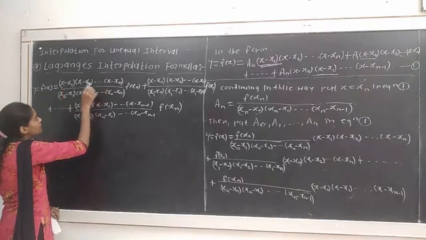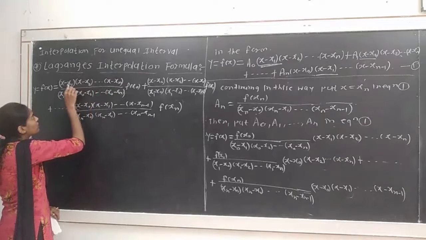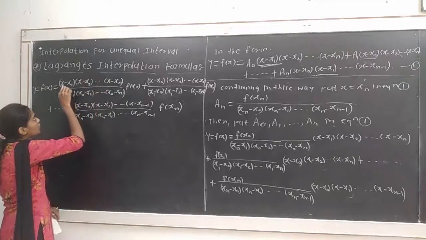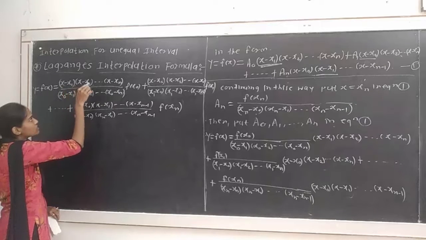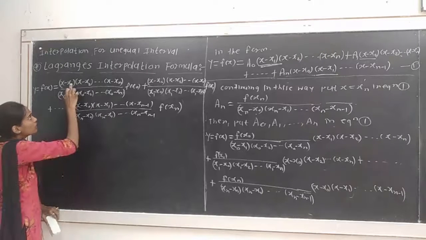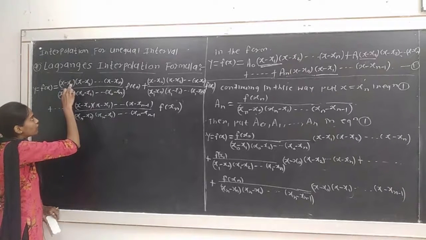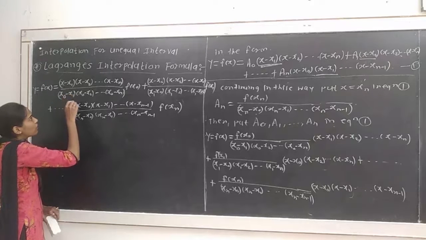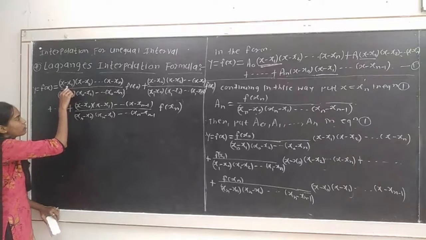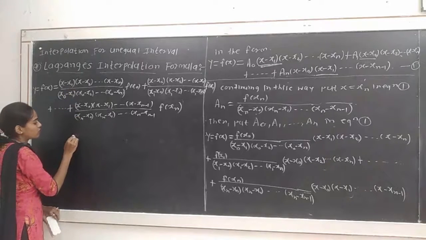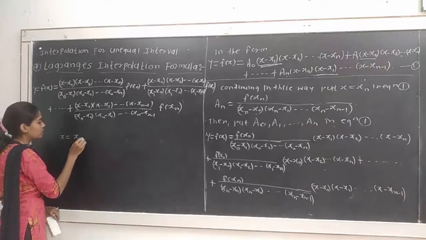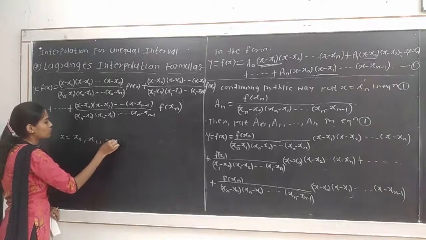Here, for remembering this formula, use this technique. In the numerator we have the factors x − x1, x − x2, up to x − xn. From x we subtract all the given values of x, except that in the first term we leave out x0. The given values of x are x0, x1 up to xn.